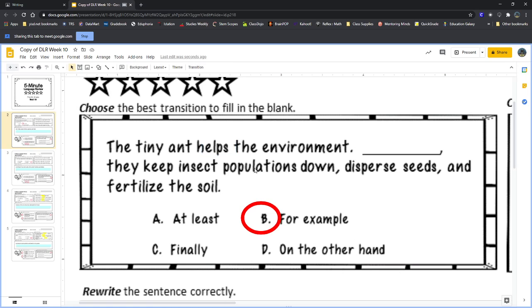They keep insect populations down. That means they keep other bugs from being around. They disperse seeds, so they spread the seeds of the plants everywhere. And they fertilize the soil, which means they make the soil better for other plants to grow. All of those are good examples of how the ants help. So, answer choice B is the best one to pick for today.